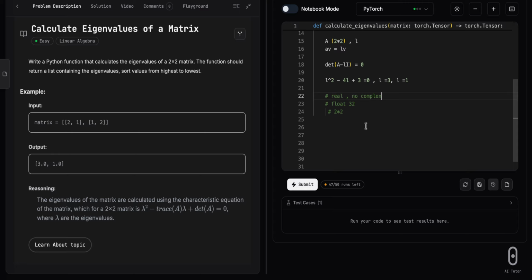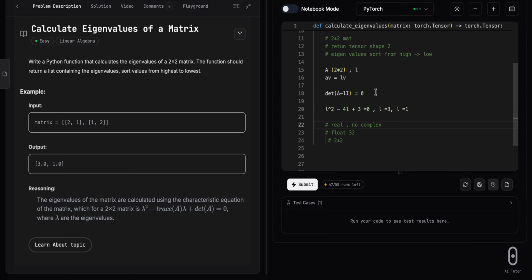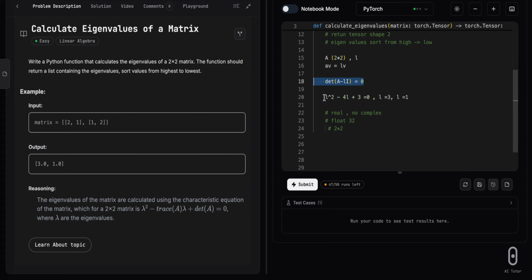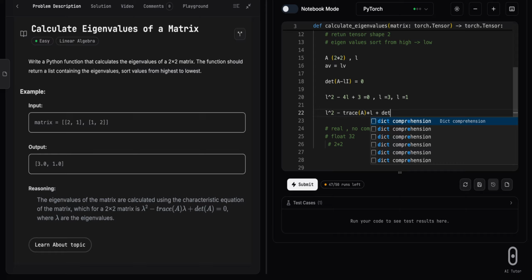Okay, so now this will be our equation: lambda squared minus trace of A times lambda plus determinant of A equals 0, and we need to find the solution of this.